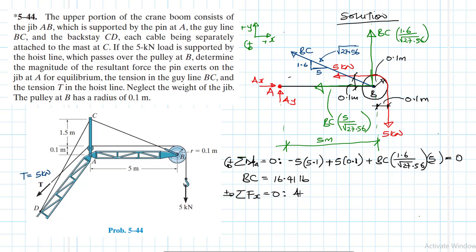What we have is Ax minus BC by 5 divided by root of 27.56 minus 5 is equal to 0. We already know what BC is, so we just have to replace it there. 16.41 times 5 divided by root of 27.56 minus 5.